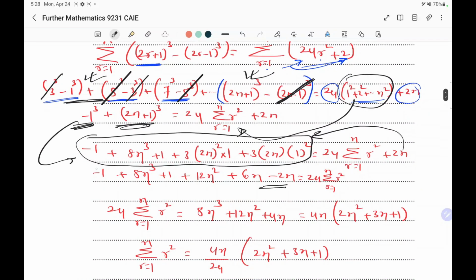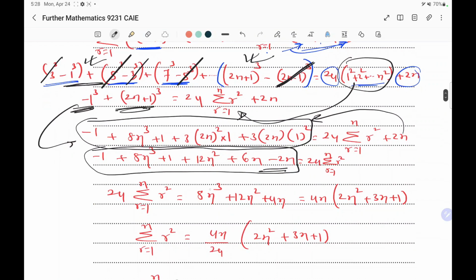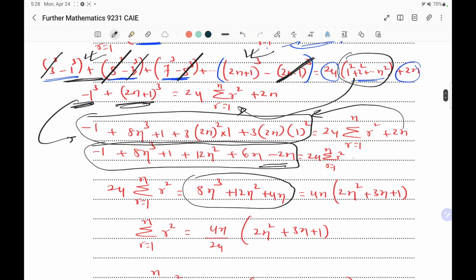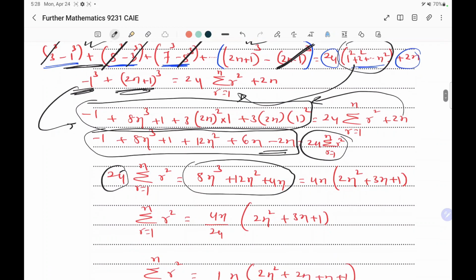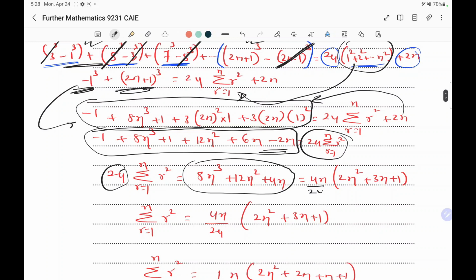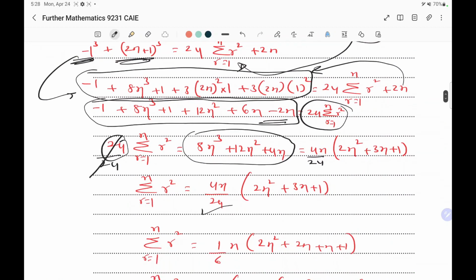Okay. Now just calculate carefully. Simplify. You will get 8n cube plus 12n square plus 4n, and then 24 sigma r square, r equals 1 to n, which is here. Now divide by 24, like 4 over 24. The 24 got cancelled. 4n over 24 here, and 2n square plus 3n plus 1.